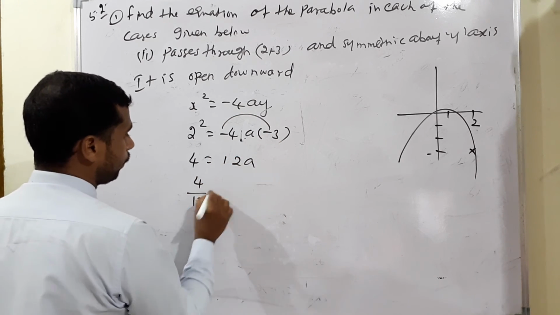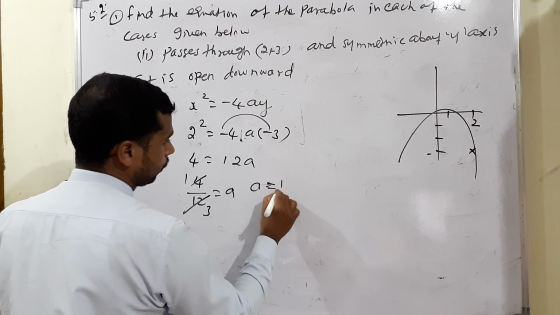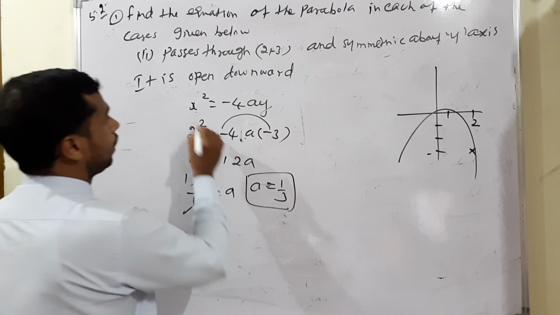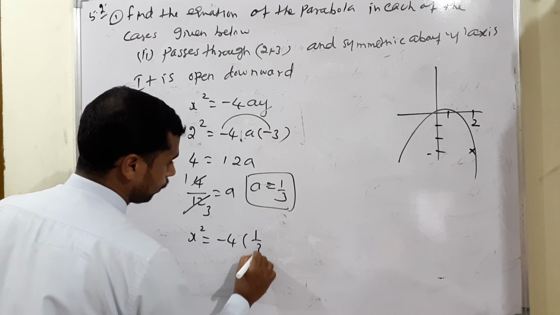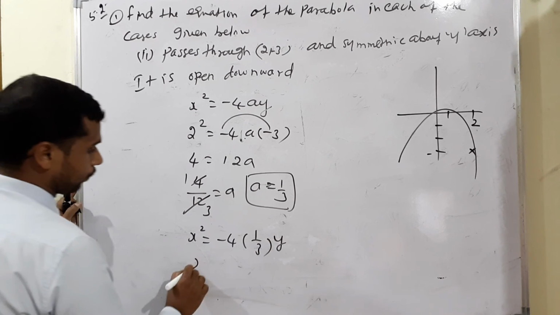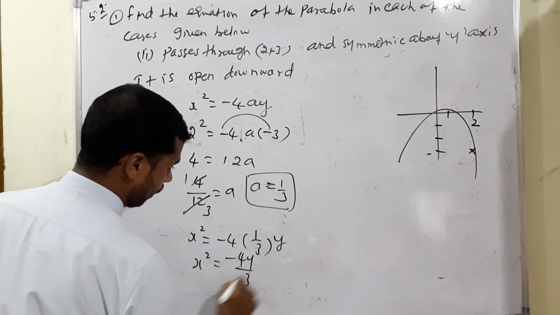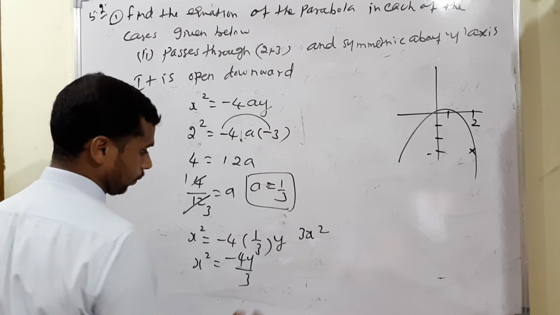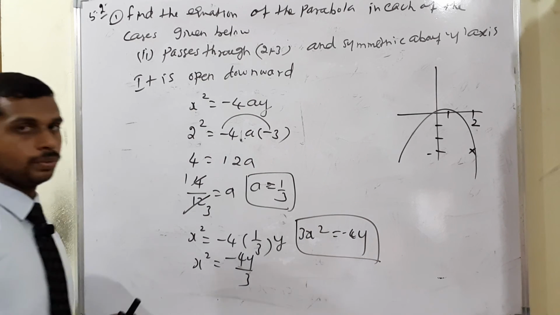Therefore 4 divided by 12 is equal to a, means 1 by 3. So a is equal to 1 by 3 means x square is equal to negative 4 into 1 by 3 into y. Therefore x square is equal to negative 4y divided by 3. Therefore the answer is 3x square is equal to negative 4y. That's all. Okay. I'm moving to subdivision 3.